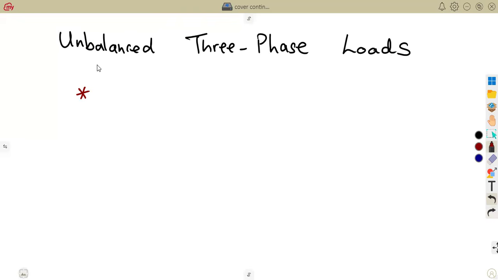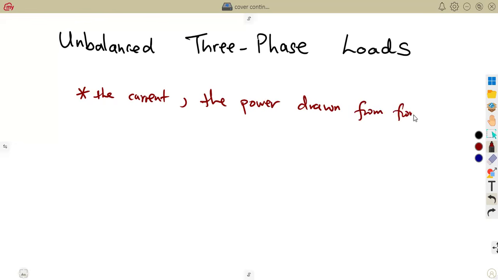When the load is unbalanced, we are saying in any unbalanced three-phase, the current and the power drawn from the supply by each phase are unequal. So you consider each phase unequal.